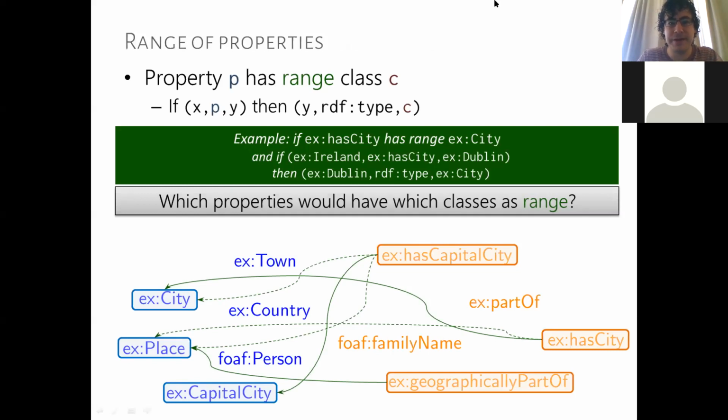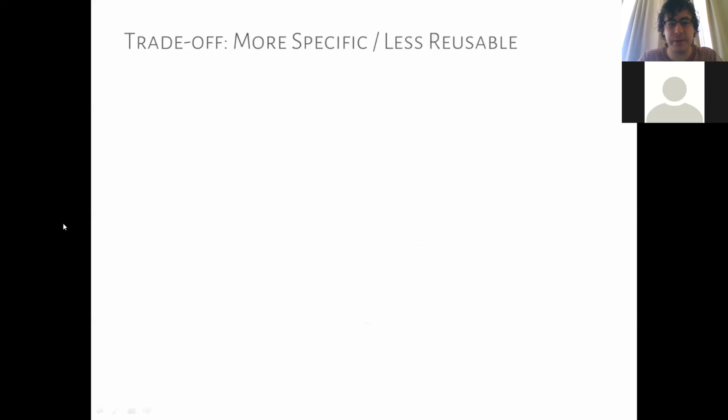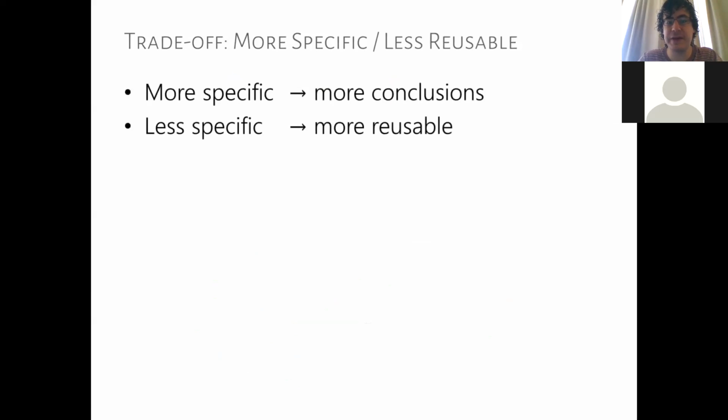Okay, so we have a trade-off when we define the semantics of terms in data between being more specific and being less reusable. So more specific allows us to derive more conclusions if we provide more specific definitions and more specific semantics. But being more specific makes the properties that we define less reusable.